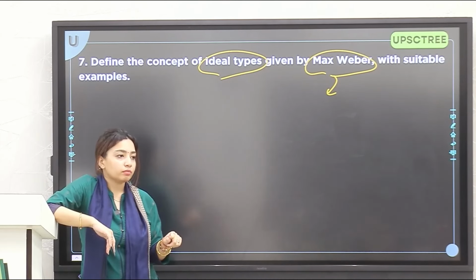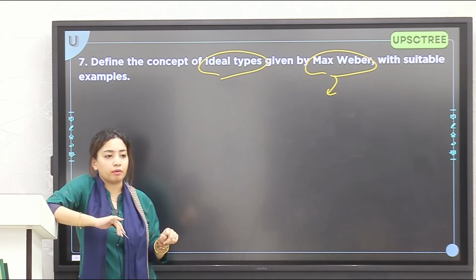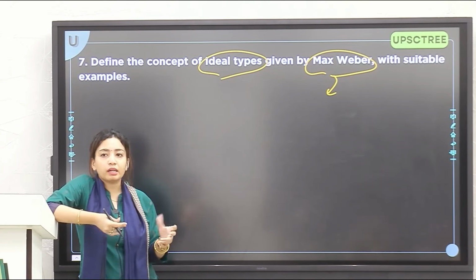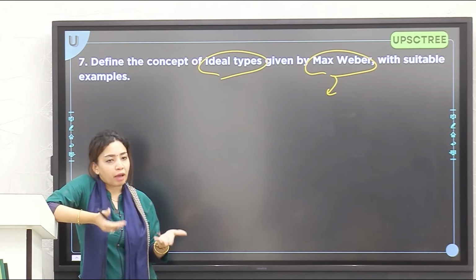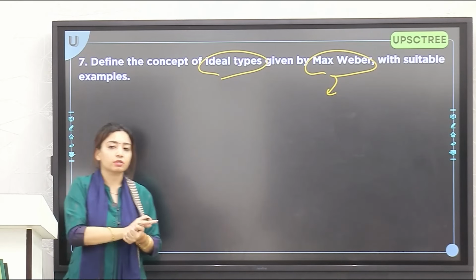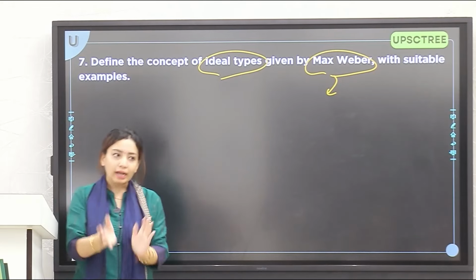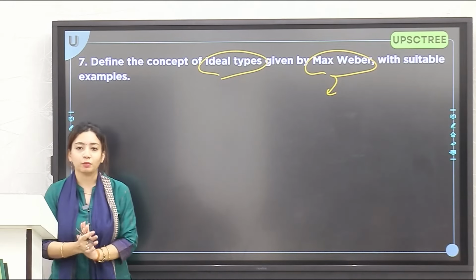Then tell me the key contributions of Max Weber. He did integrate micro and macro perspective. How? He gave the subjective analysis of what? Individual action. Do not write directly social action, but use it wisely.